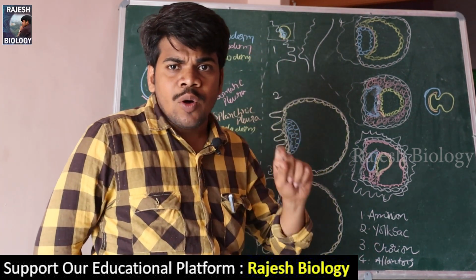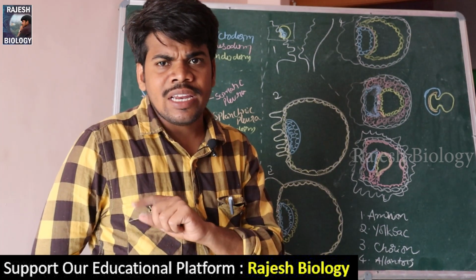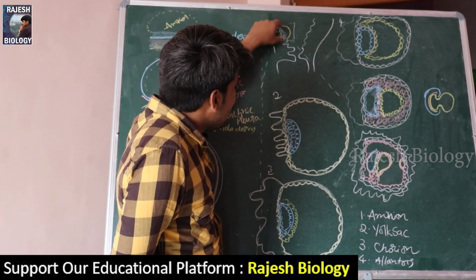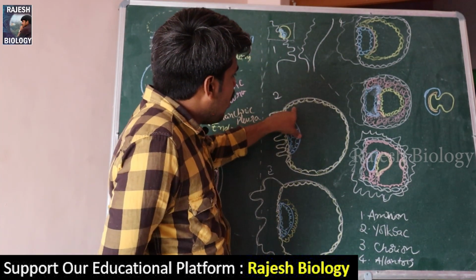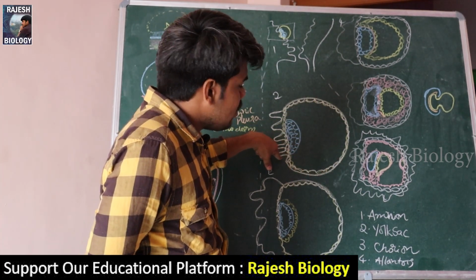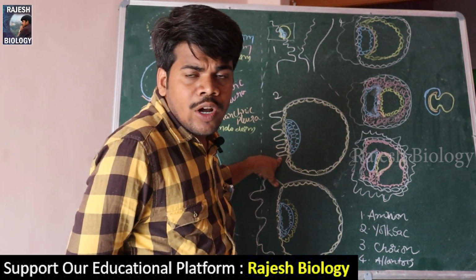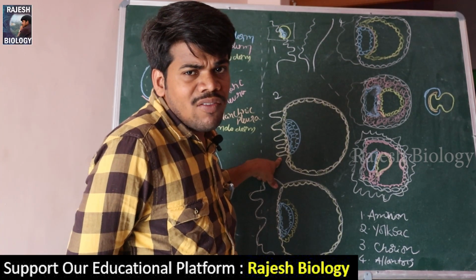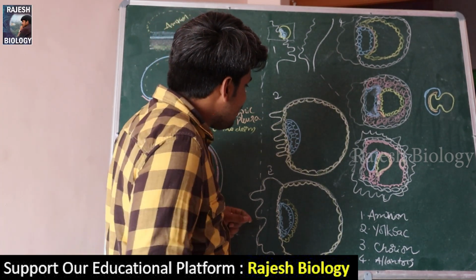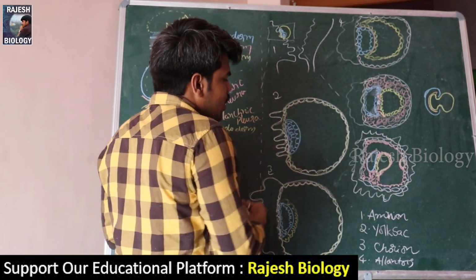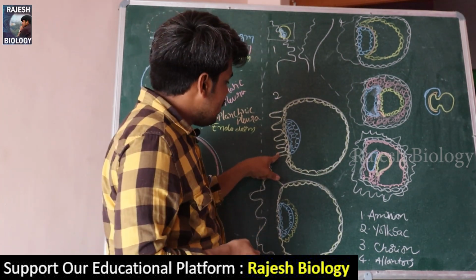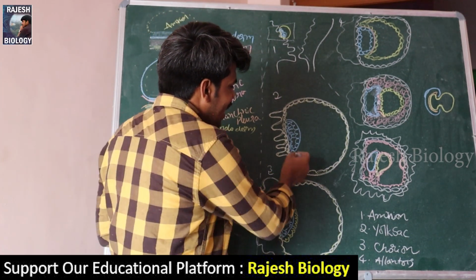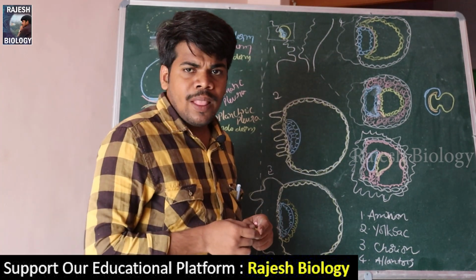I already explained how implantation takes place in the previous class. After implantation, the outer trophoblast cells produce villi, which help in the invagination of the embryo into the endometrium. This is the trophoblastic villi, and this is the inner cell mass.